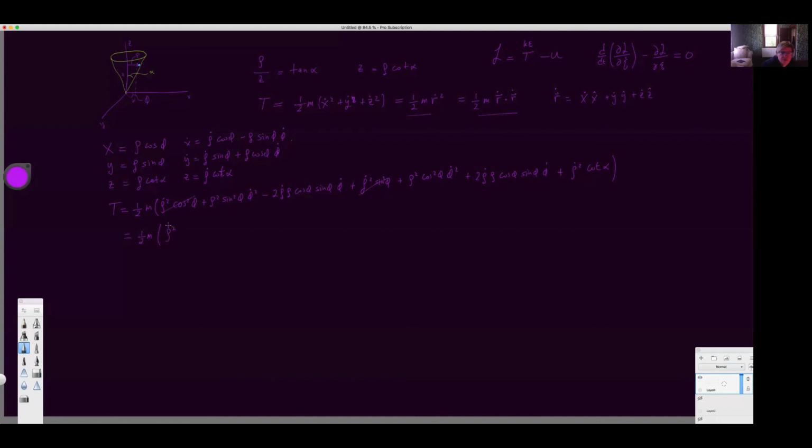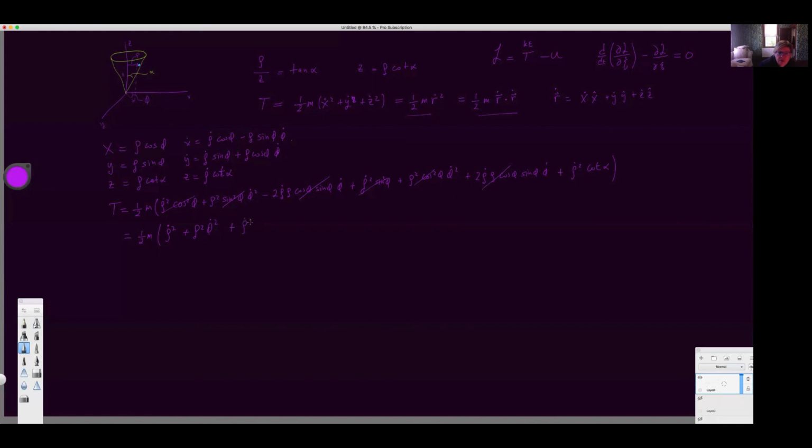And then we have rho squared phi dot squared with a sine squared, and another rho squared phi dot squared with a cosine squared. Because remember, sine squared plus cosine squared is 1, so that becomes rho squared phi dot squared. These two cancel out completely. Yay.